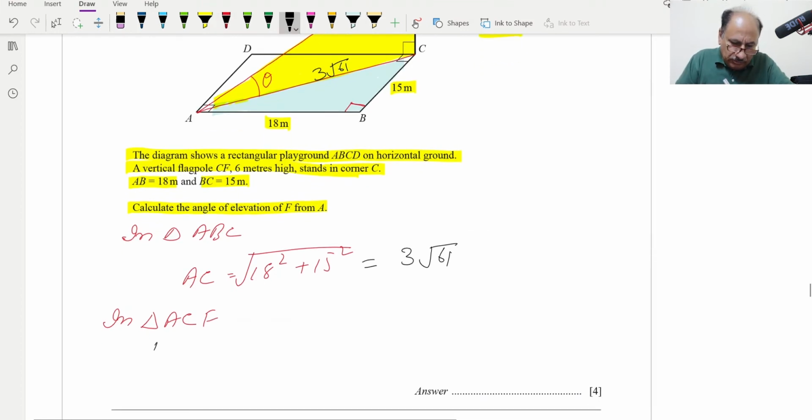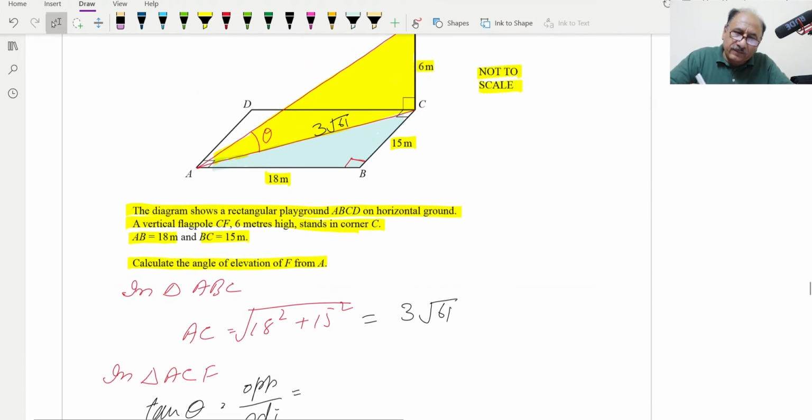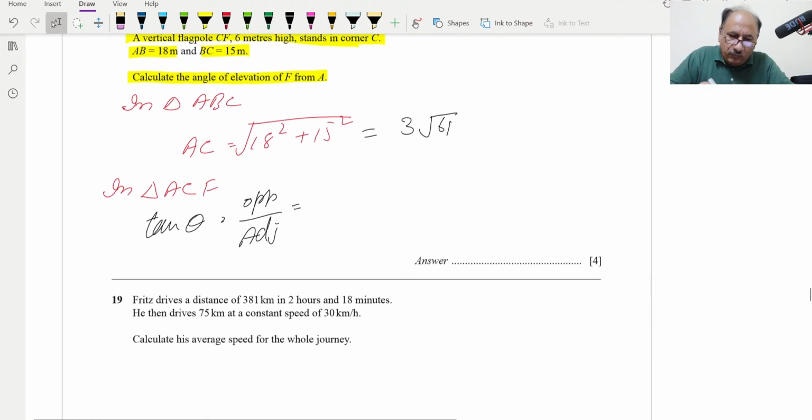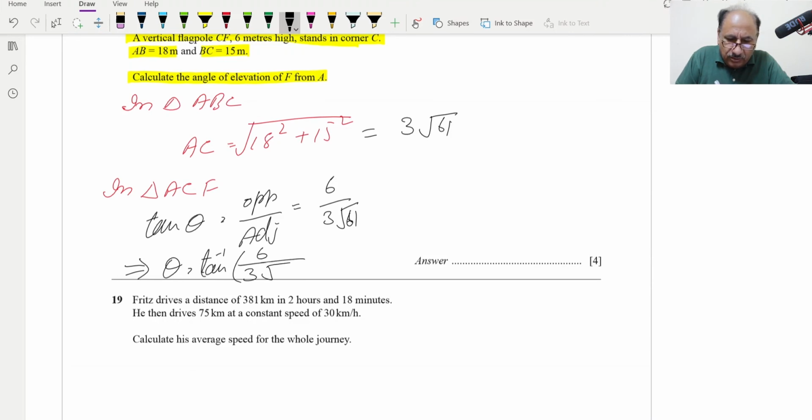Opposite is 6 meters and adjacent is 3 under root 61. So tan theta is 6 over 3 under root 61, which implies theta is equal to tan inverse of 6 over 3 under root 61.